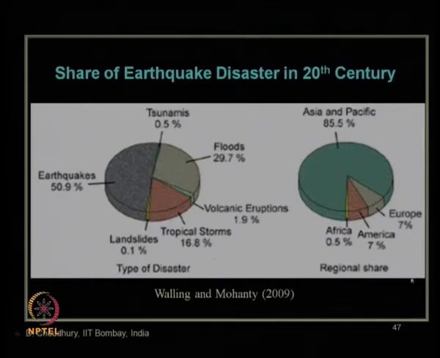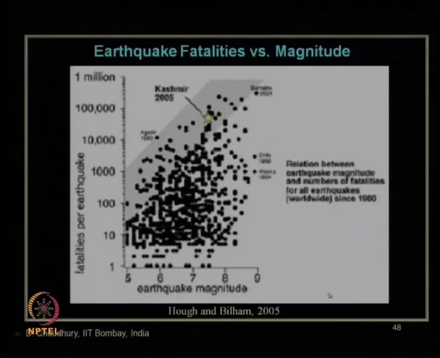That automatically shows why we should study earthquake engineering and geotechnical earthquake engineering in particular. Also in India, where we are from the Asia region, we should study this aspect more because of the local behavior and local problems with earthquake disasters, which have been reported through this slide, in the 20th century.